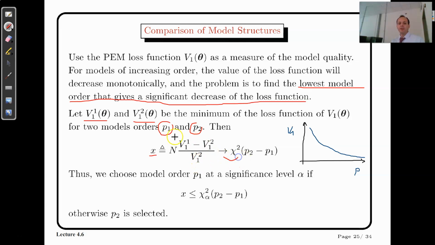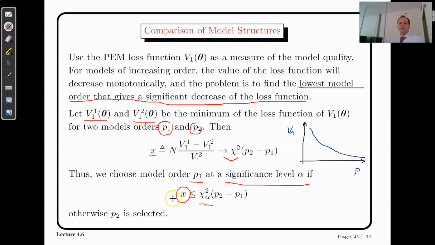It can be shown that if this variable has a chi-square distribution with P2 minus P1 degrees of freedom, you need to select P1. So P1 is the correct order if this new variable is lower than a chi-square value for a given significance level.